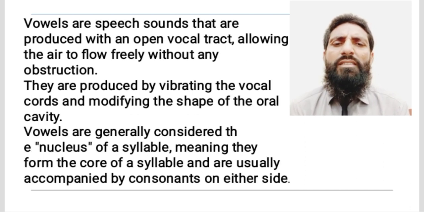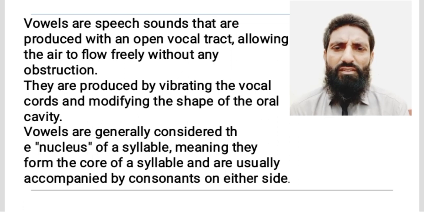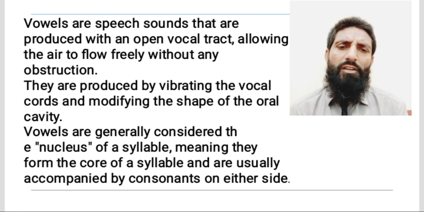Vowels are speech sounds that are produced with an open vocal tract, allowing the air to flow freely without any obstruction. They are produced by vibrating the vocal cords and modifying the shape of the oral cavity. Vowels are generally considered the nucleus of a syllable, meaning they form the core of syllables and are usually accompanied by consonants on either side.